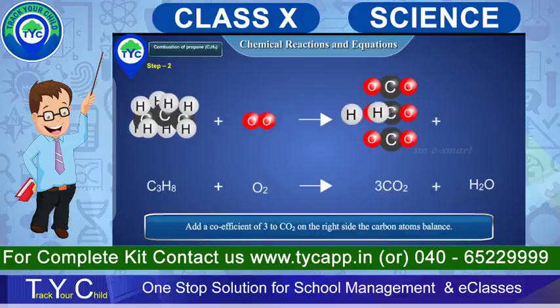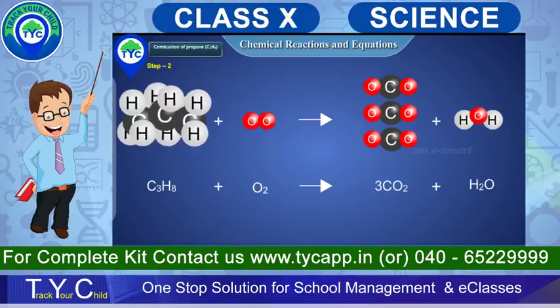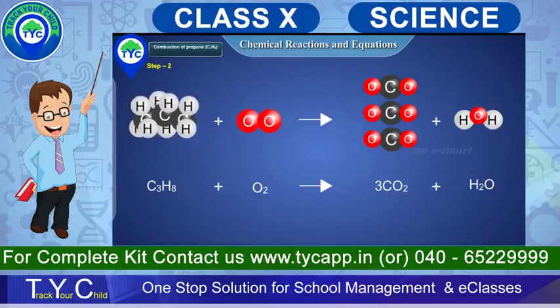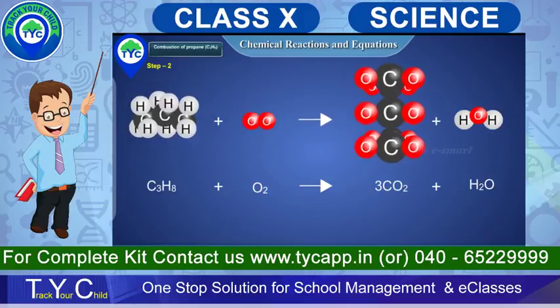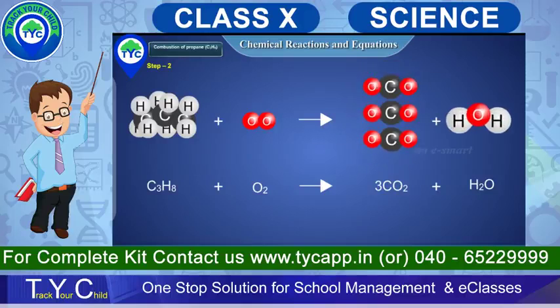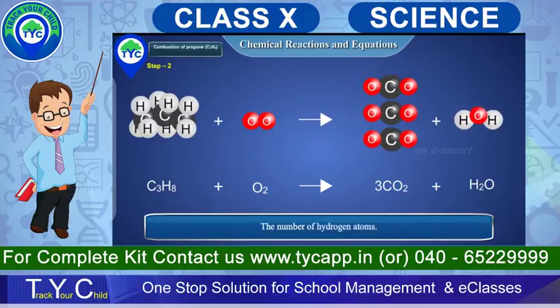Add a coefficient of 3 to CO2 on the right side, and the carbon atoms balance. C3H8 plus O2 gives rise to 3CO2 plus H2O. Next, look at the number of hydrogen atoms.